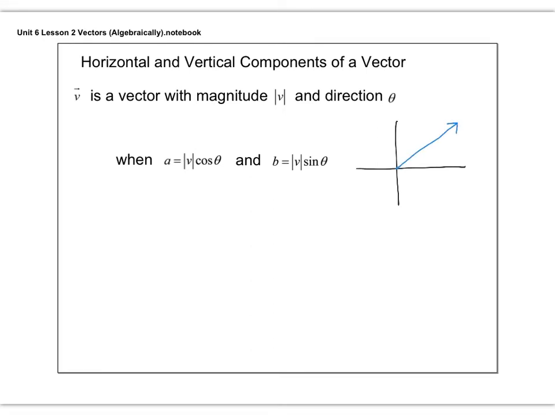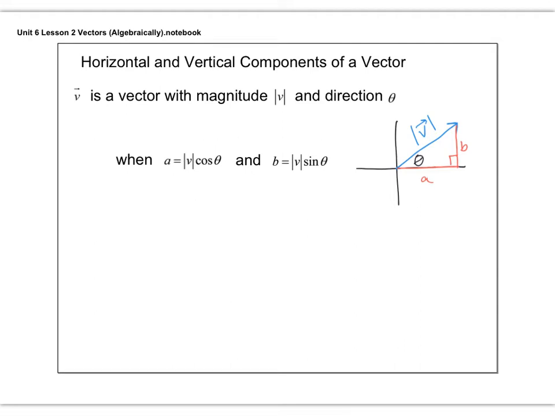The magnitude of that vector is the absolute value of vector v. This would be the horizontal component, I'll call that A, and this would be the vertical component, and they would be perpendicular to each other. And then it says we're working in direction theta, so let's just call this angle theta. That's the direction that vector is going in.